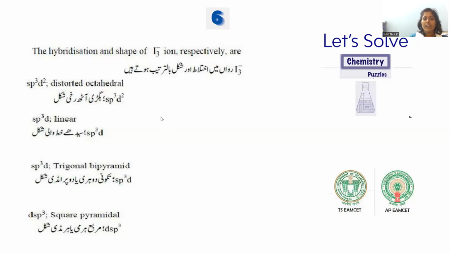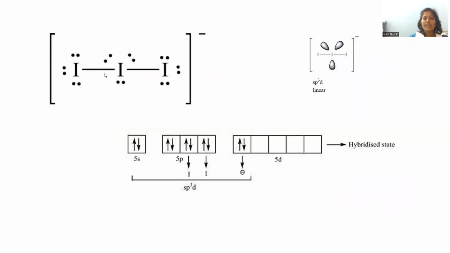For I3 minus, we have to predict the hybridization and shape of the molecule. I3 minus appears in this manner, 3 iodine atoms in a linear fashion, which is called a linear molecule. Here, in all 3 iodine atoms, iodine has 5s2 5p5 as the general electronic configuration, with 7 valence electrons.